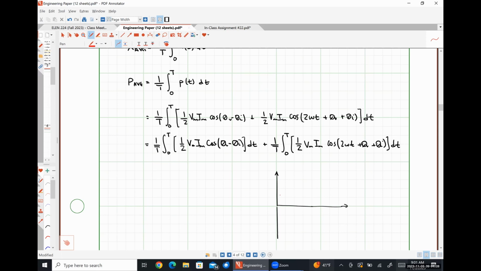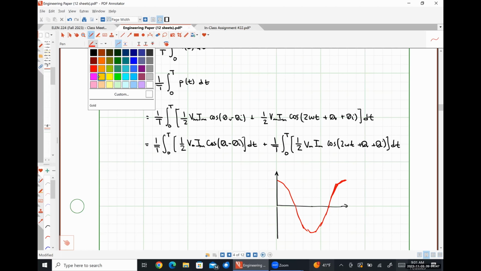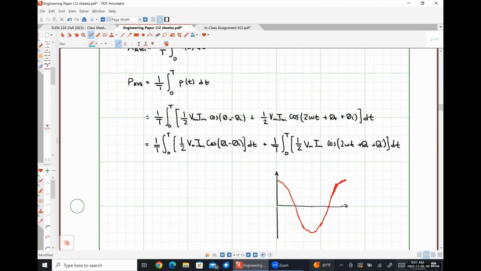So something looking like this, except that it should be the same maximum value. There we go. Our period is just the distance between our positive peaks.